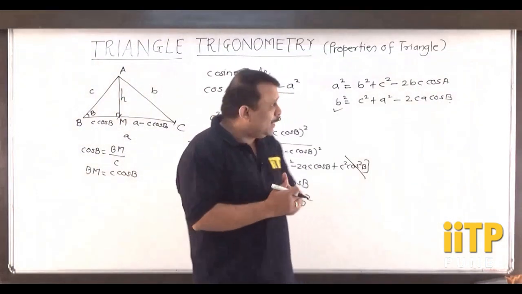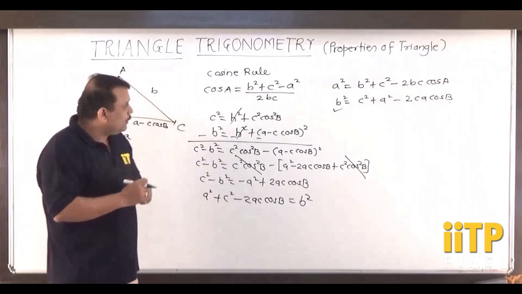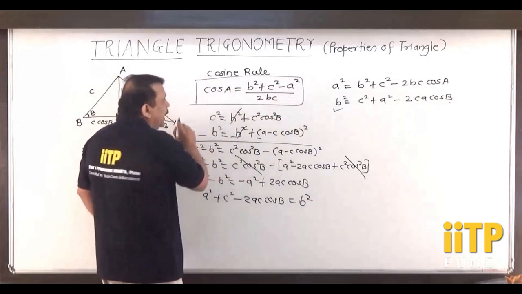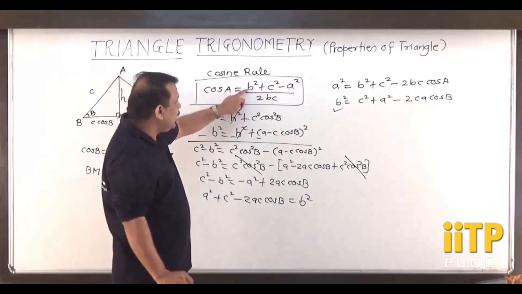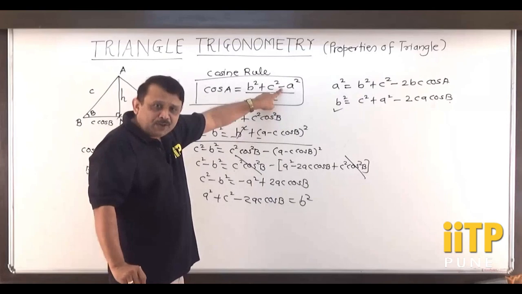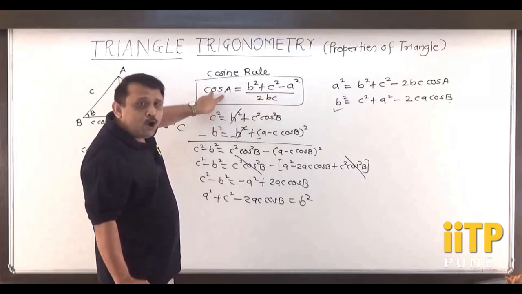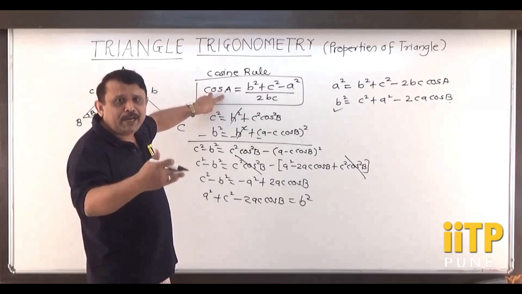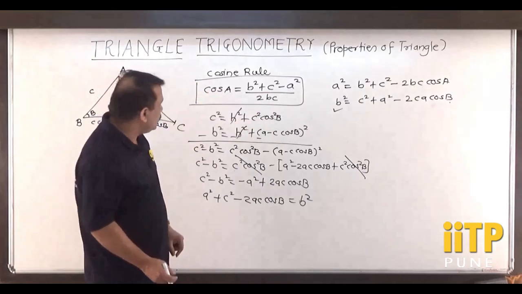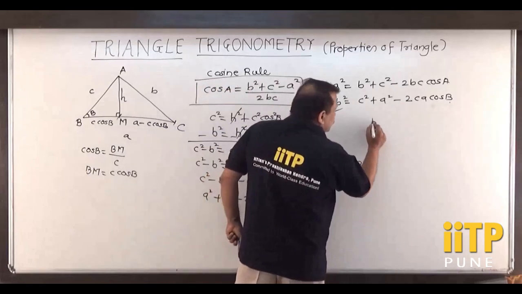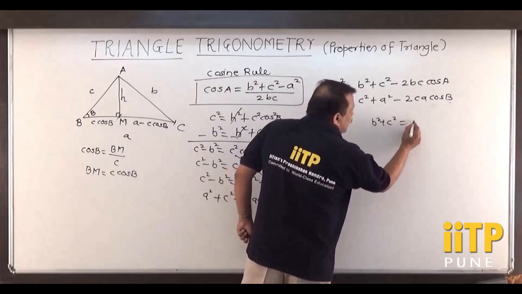So one can see one very important remark in this. If I box this as the cosine rule and make three cases regarding b square plus c square minus a square, because of this difference, I could have cos A either positive, negative or 0. Let us discuss very quickly. First, b square plus c square is equal to a square.